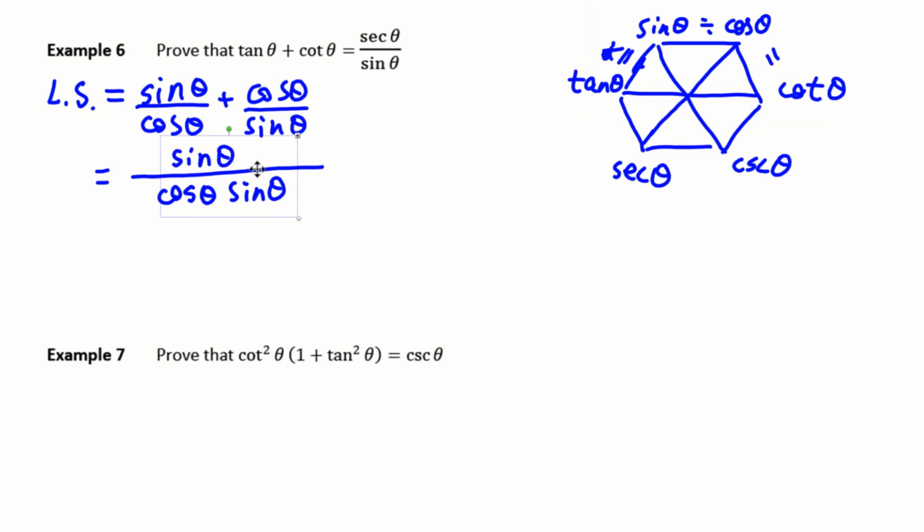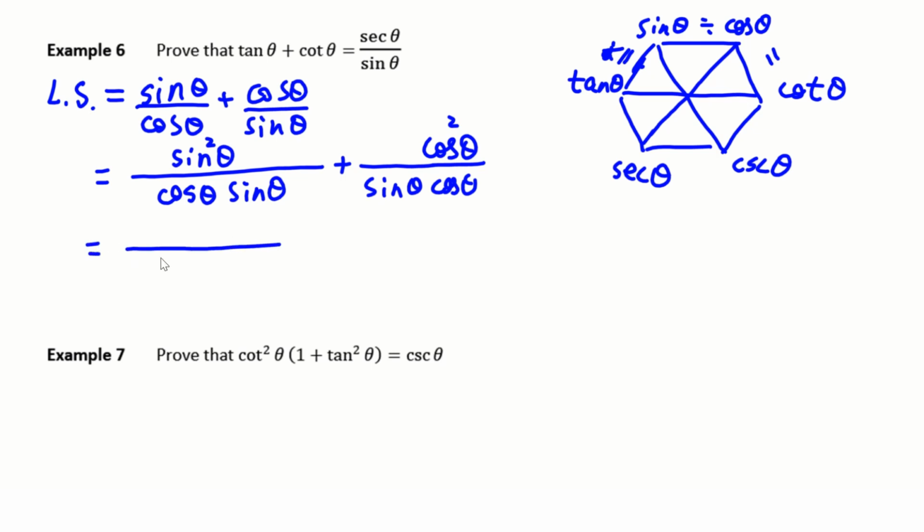So sine theta times sine theta gives sine squared. The second term is sine theta times cosine theta in both numerator and denominator, so cosine theta times cosine theta gives cosine squared. We have the same denominator, sine theta times cosine theta equals cosine theta times sine theta, order doesn't matter.